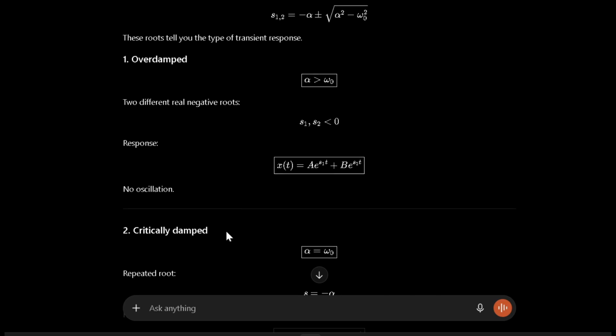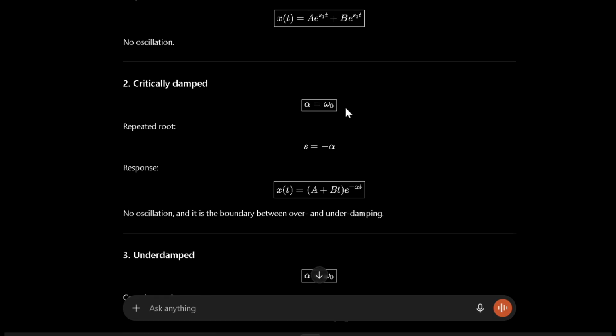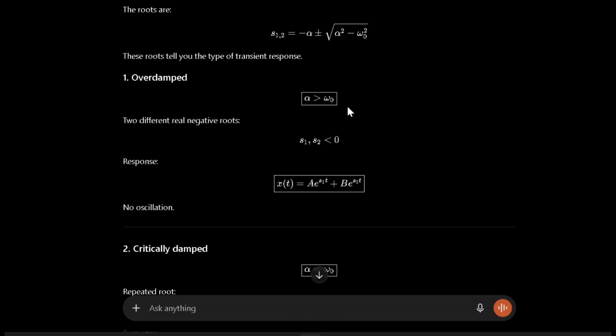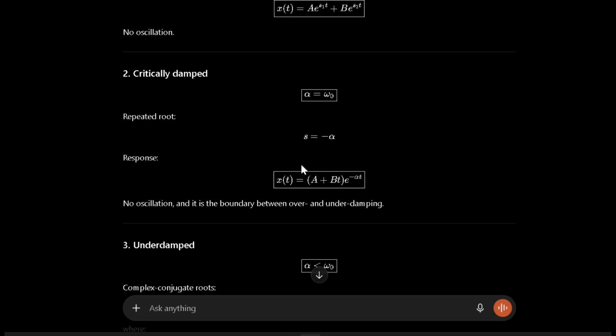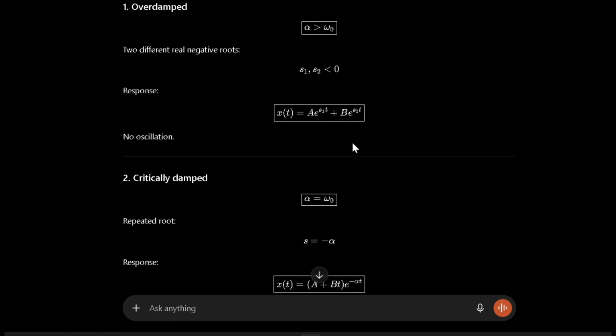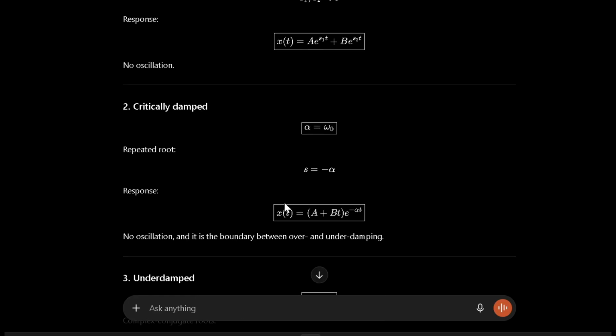No oscillation occurs here. For critically damped, alpha equals omega naught, meaning damping factor equals undamped natural frequency. Repeated root s equals minus alpha. So here the equation changes to this. There's no oscillation. It's the boundary between overdamped and underdamped.